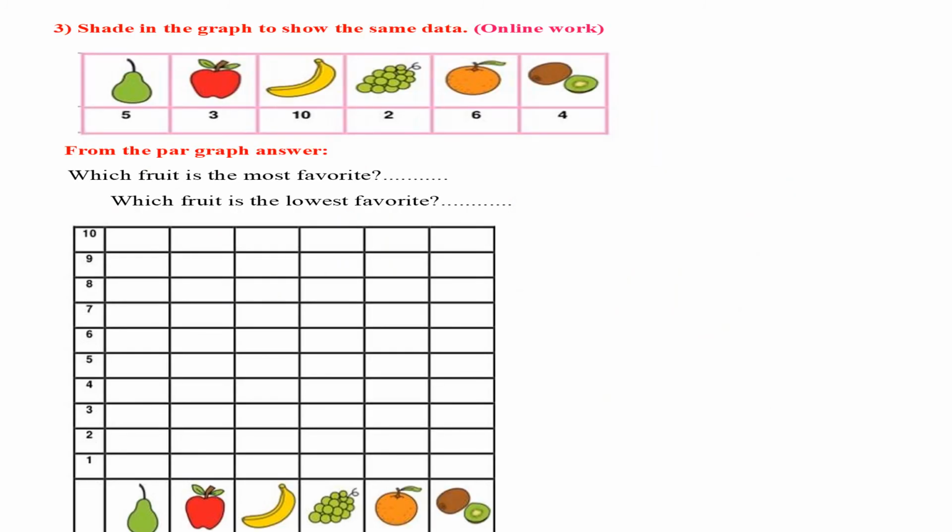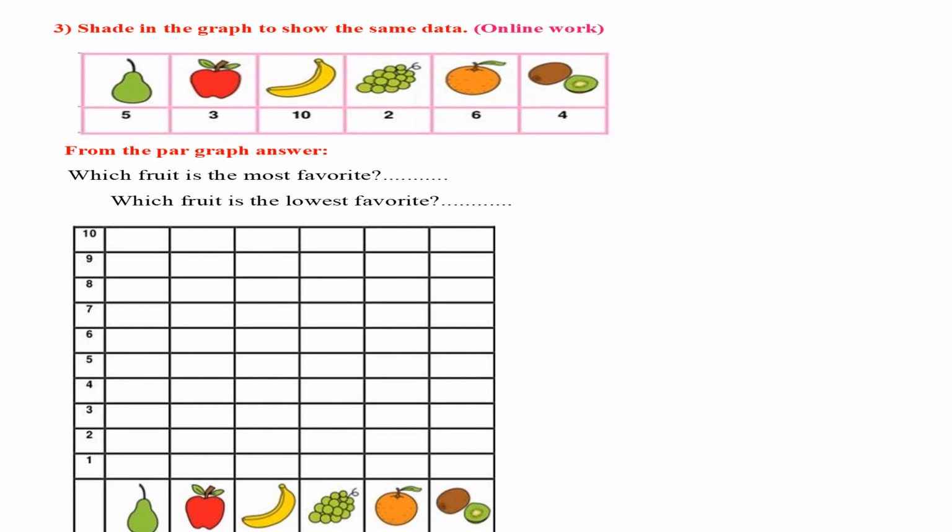Now we have this graph. Each graph shows some data, I think it's his favorite fruits. Number 1, what is this? It's pear. How many like a pear as their favorite fruit? 5.